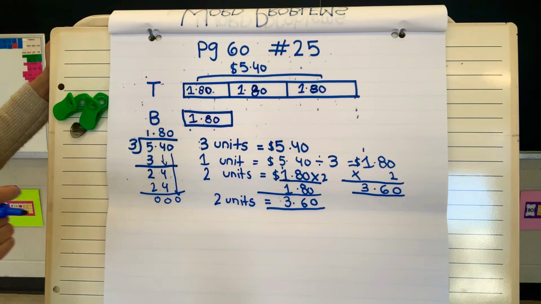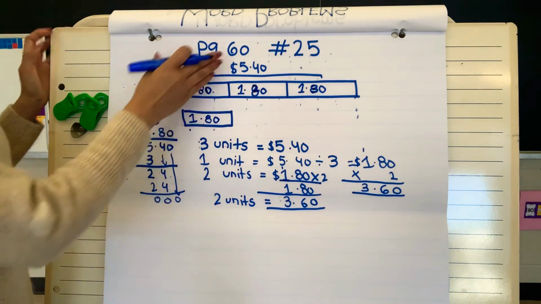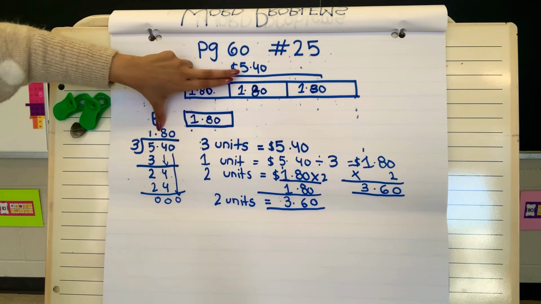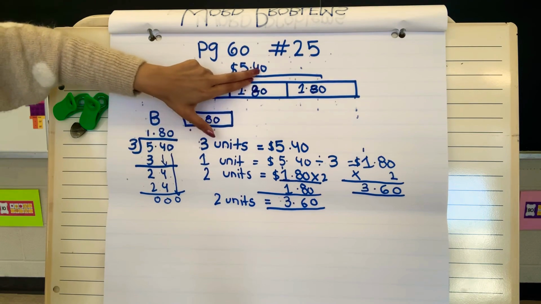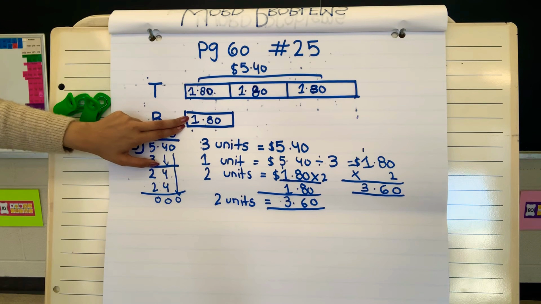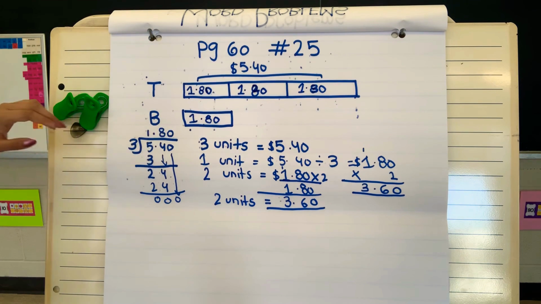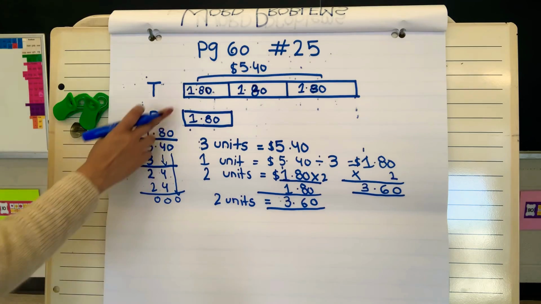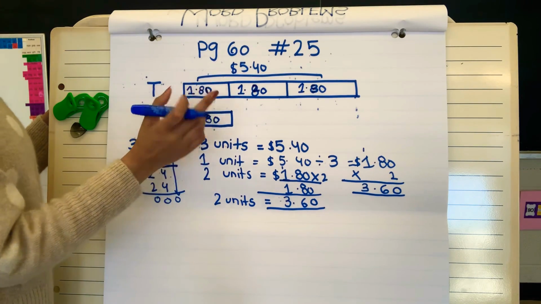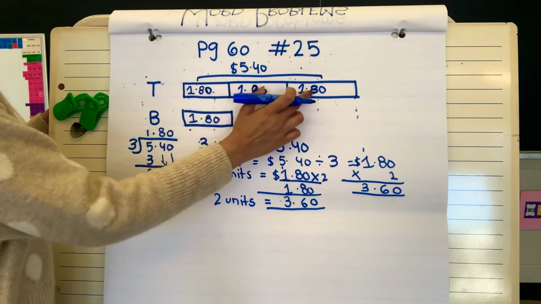So to find out the total of both Taylor and Bonita, we can either add them together, or we can do 180 times 4, because that's the number of units we have: 1, 2, 3, 4.